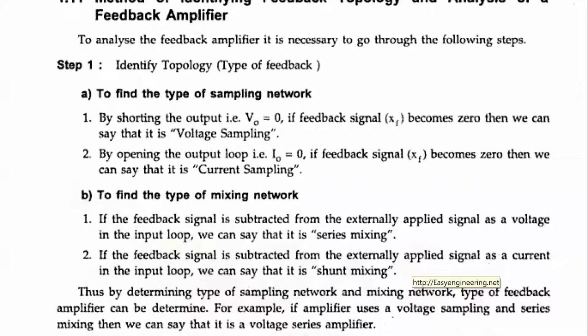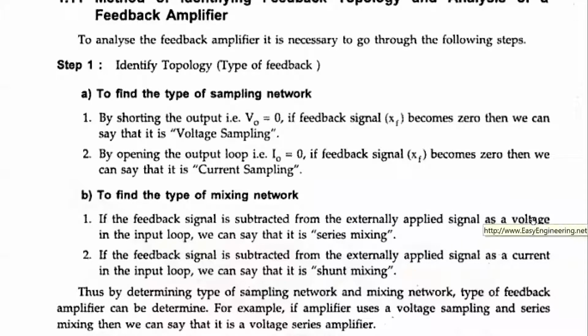In simple words, we can say like this. If the feedback signal is in series with the input signal, then we say series mixing. This technique is also fine. If the feedback signal is in parallel with the input signal, then we say it is shunt mixing. More specifically, it is one and the same, isn't it?